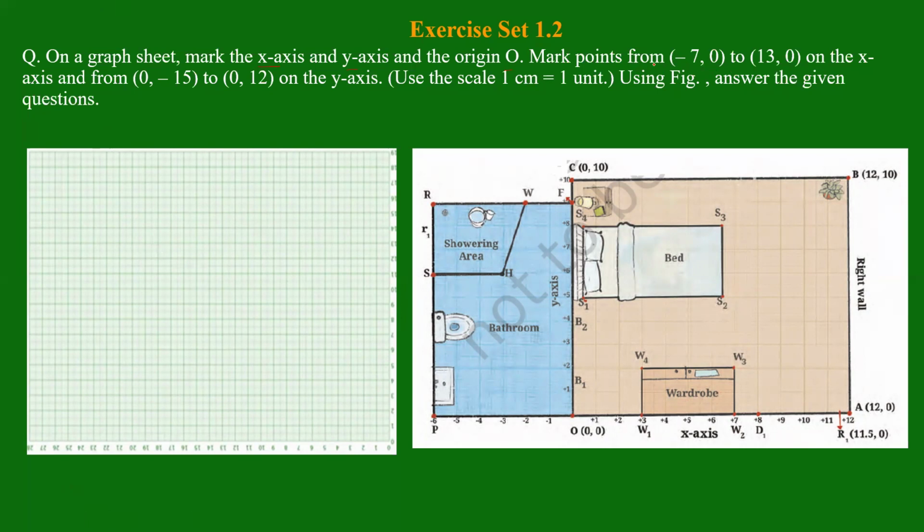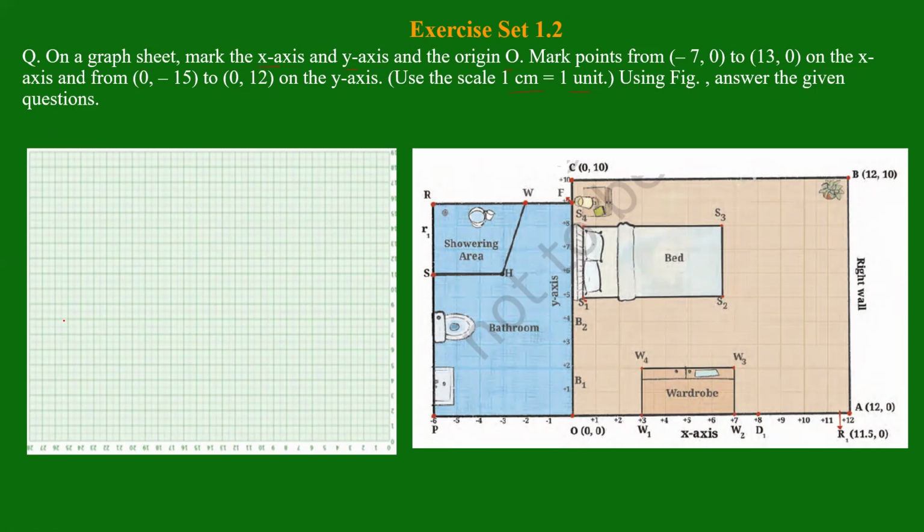Mark points from -7, 0 to 13, 0 on the x-axis, and from 0, -15 to 0, 12 on the y-axis. Use the scale 1 centimeter equal to 1 unit. Using this figure, we have to answer the questions. The questions are below. First, we'll do this task, what they're telling us to do.